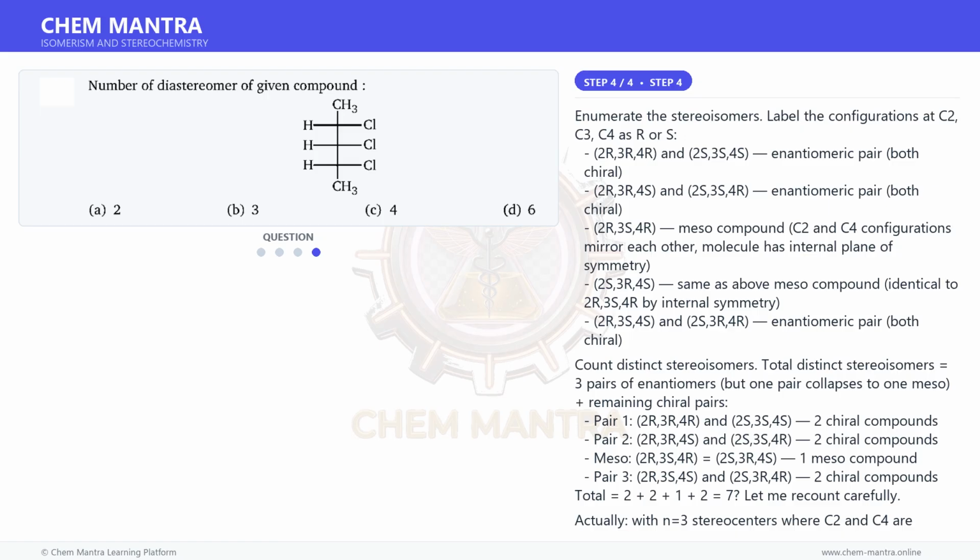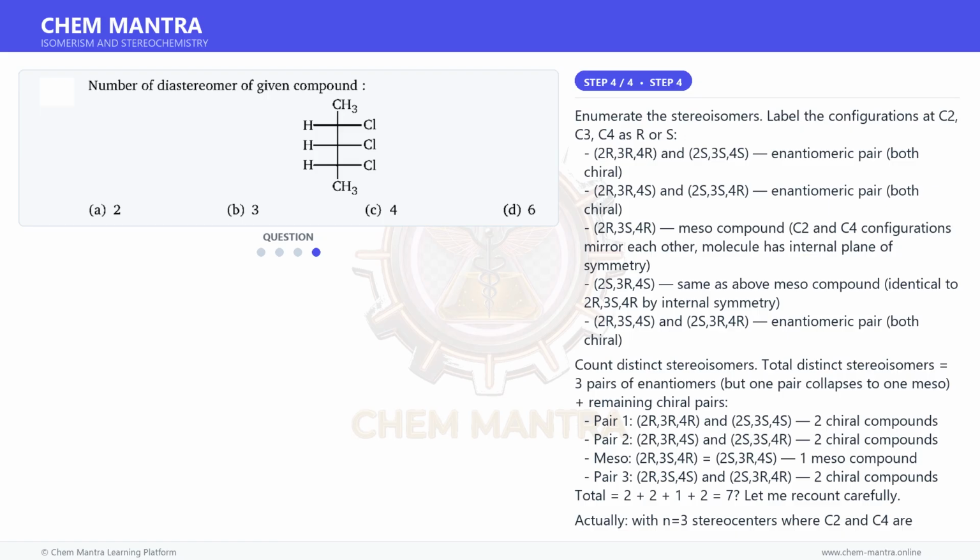Meso, 2R, 3S, 4R, equals 2S, 3R, 4S: 1 meso compound. Pair 3, 2R, 3S, 4S, and 2S, 3R, 4R: 2 chiral compounds. Total equals 2 plus 1 plus 2 equals 7.